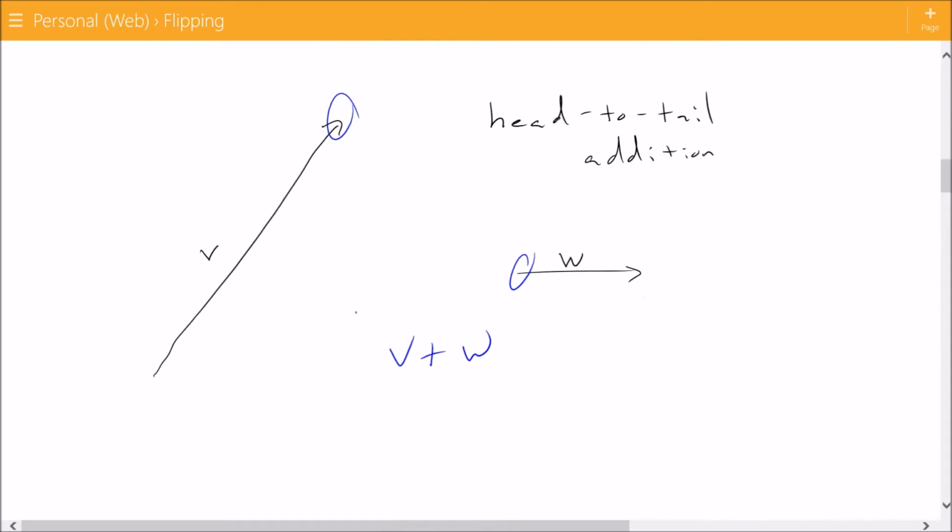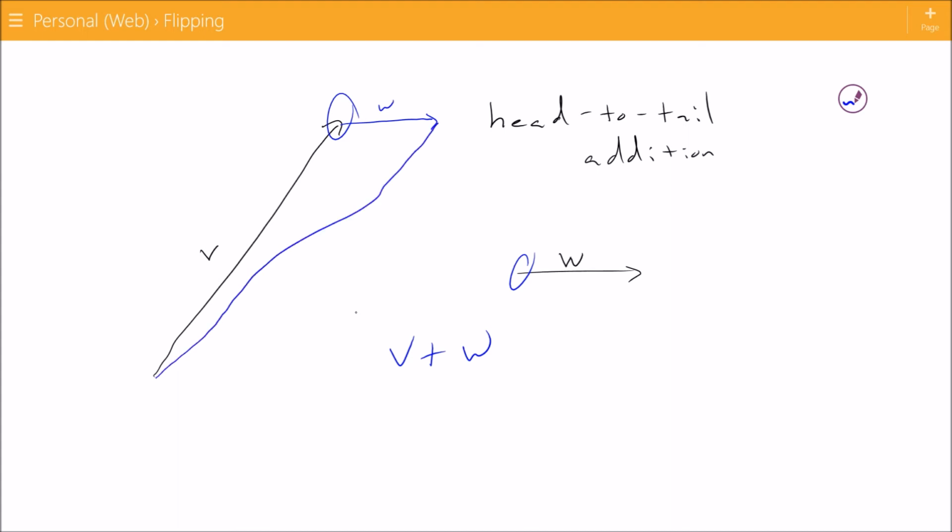And if I do that, then I'll get that guy looking something like that. There's w. And your new vector would look something like this. This would be v plus w. It's combining them. It's basically going up this path and going to the right together. They combine to take you to the same terminal point.